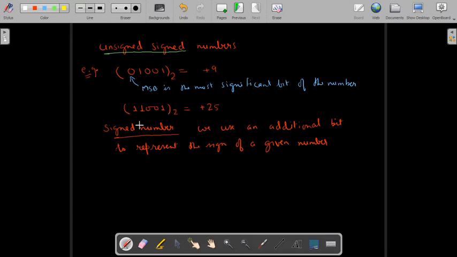For example, here 01001, let us suppose this is the number, then it is actually plus 9, and if we use a sign bit to represent minus 9, then it is like this.